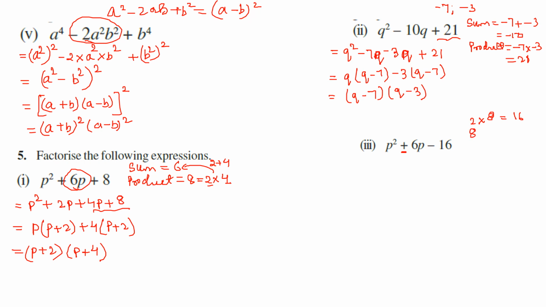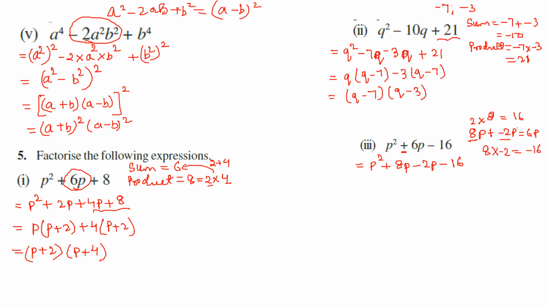So it will be 8p plus, if I do minus 2p, then I am going to get 6p, isn't it? It means my numbers are 8 and minus 2. So I can write it as p square plus 8p minus 2p minus 16. And you can see when I do 8 into minus 2, I am getting minus 16.